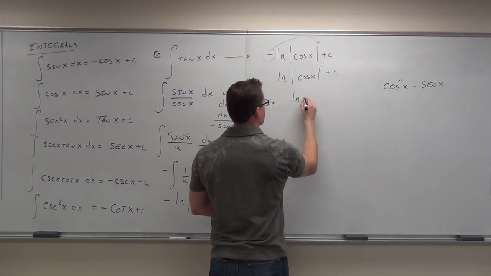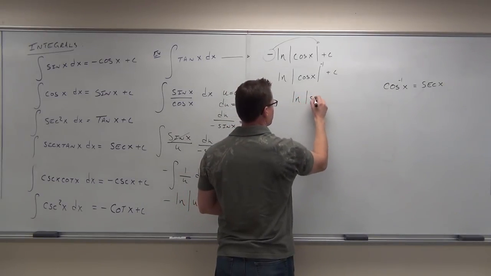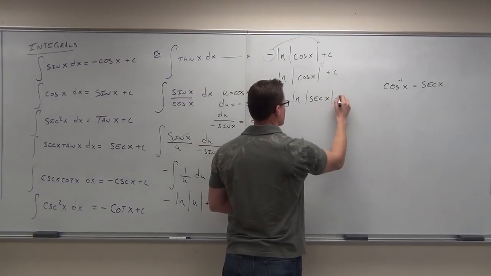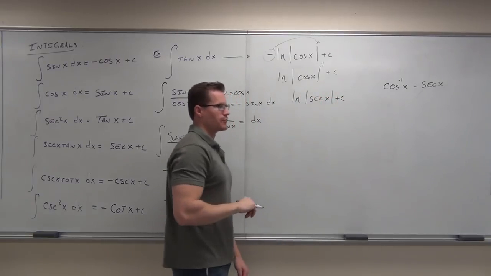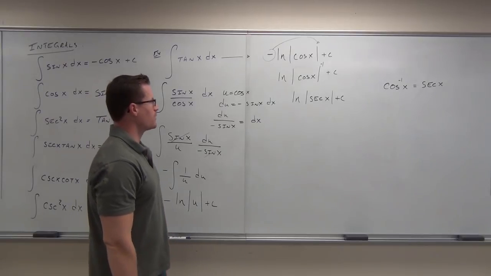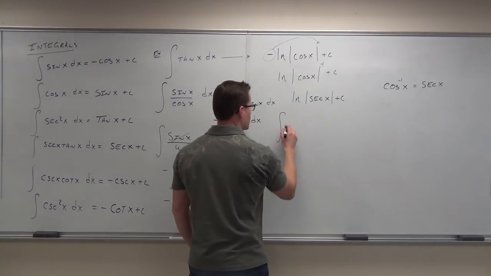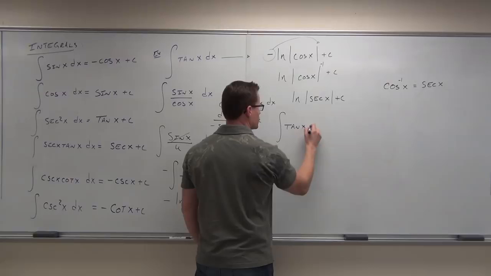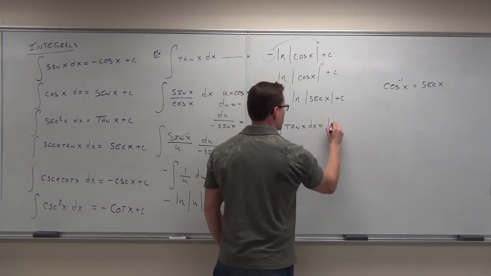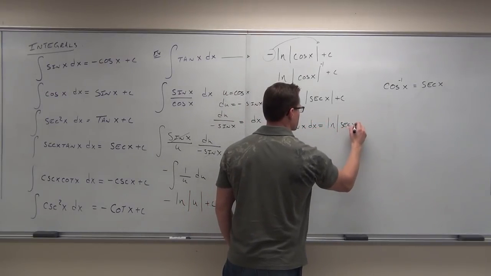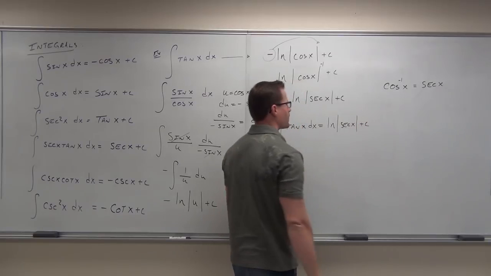So, we get another identity for us. What we know now is that the integral of tan x dx is equal to ln absolute value secant x plus c.